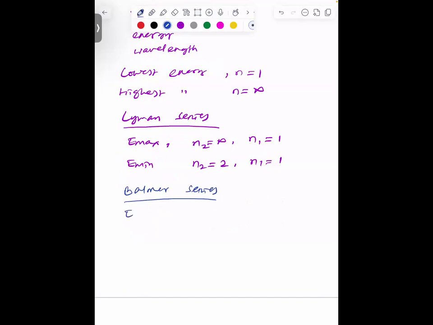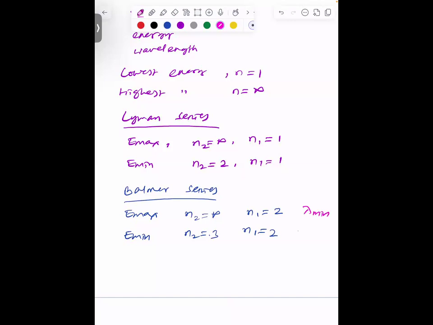In Balmer series, maximum energy is when n2 is infinity and n1 is 2, because all the radiations are falling to shell number 2, and minimum energy is when n2 is 3 and n1 is 2. So maximum energy corresponds to the shortest wavelength.